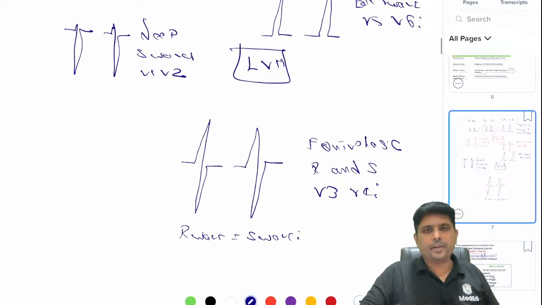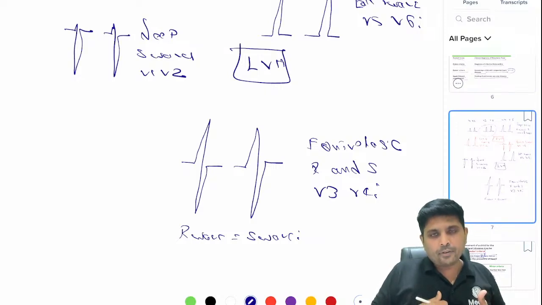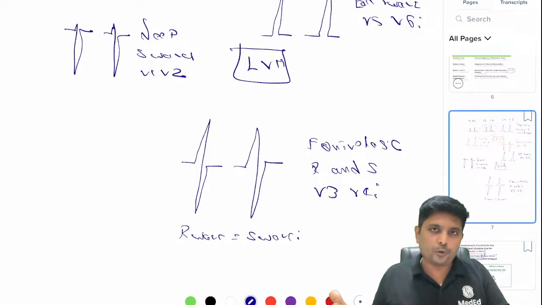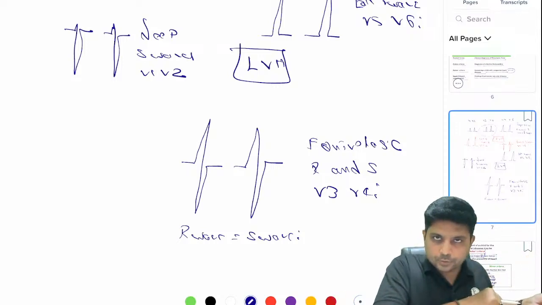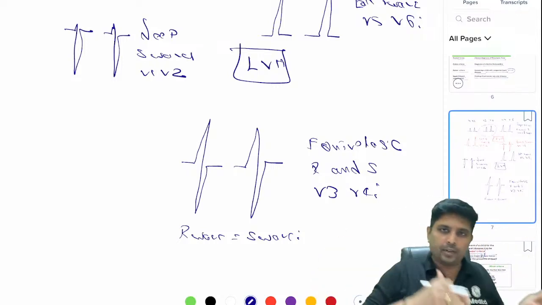So what does it mean? When in V3 and V4 there are equal amplitude waves, with tall waves both on the right side as well as the left side, it indicates right ventricular hypertrophy.